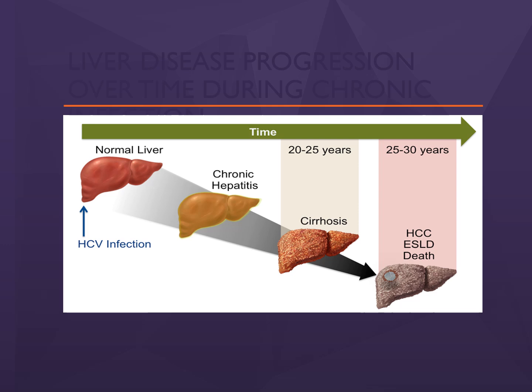A lot of that may depend on your patient's habits. It can depend on what medications they're on and things like that, things that can exacerbate the complications with hepatitis C. So that's why education is very important and collecting a good history.